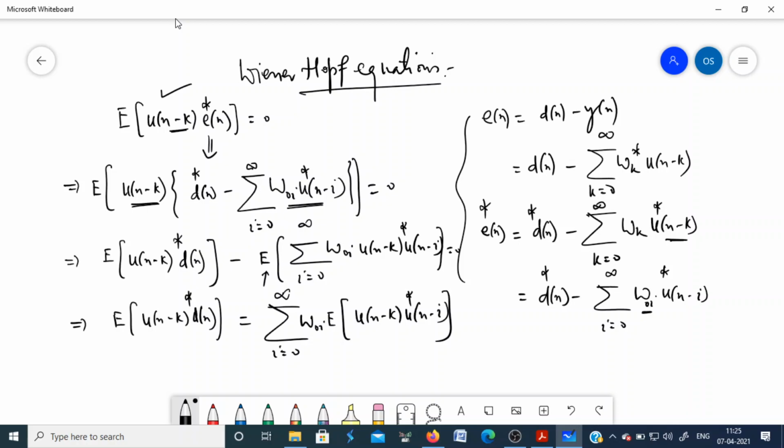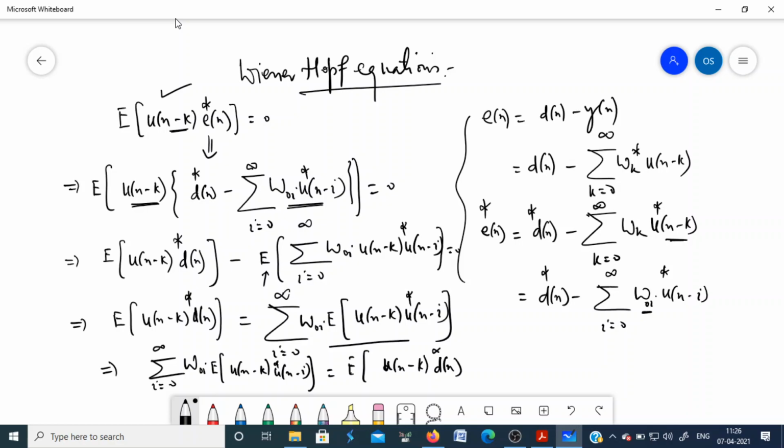If you rearrange these equations, writing this on the left hand side, I can write it as the sum over i from 0 to infinity of w_oi E of u(n minus k) into u*(n minus i) is equal to E of u(n minus k) into d*(n).